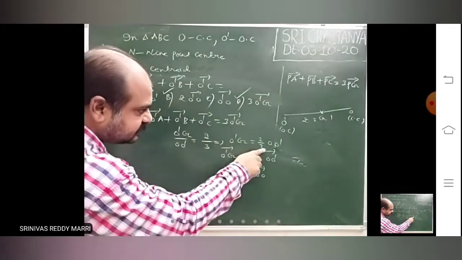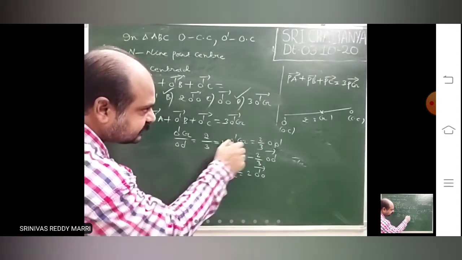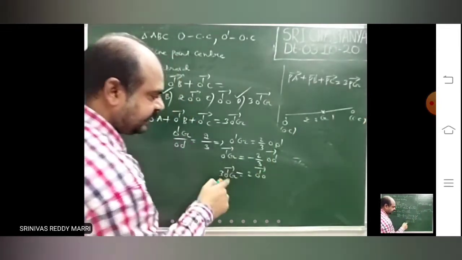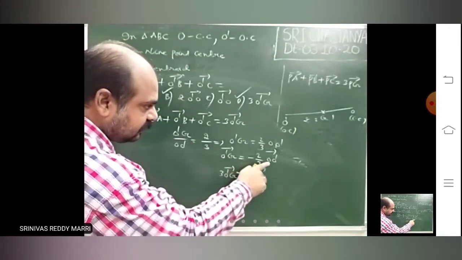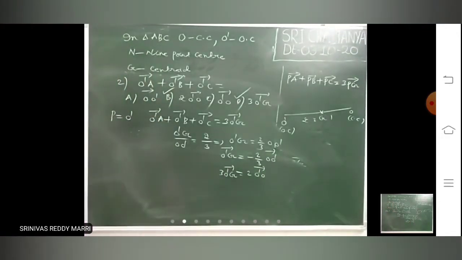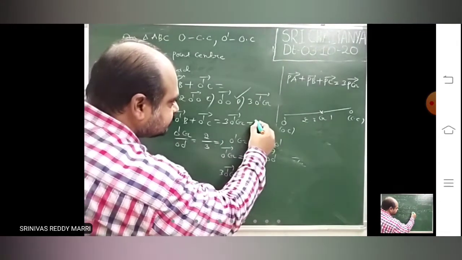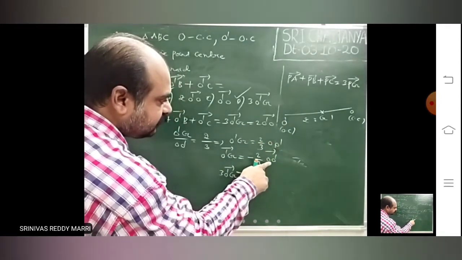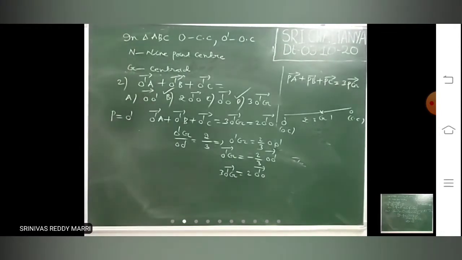This is length ratio. While writing O dash G bar in this direction and O dash O in this direction, if you are writing this relation, as these are opposite direction, you write minus 2 by 3 into this. So therefore answer is 2 into O dash O bar. By mistake, don't write O dash bar.